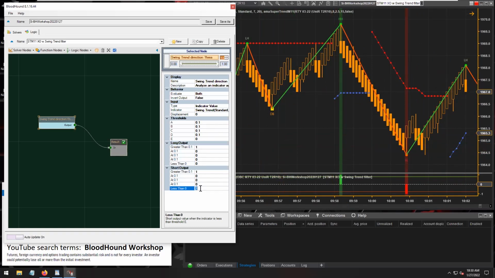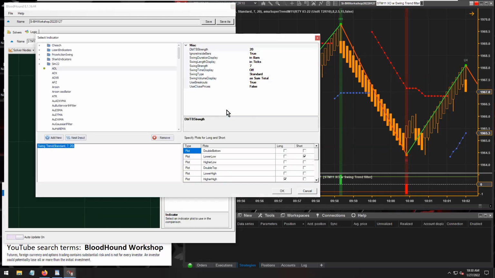Oh, okay. Sorry. I got that wrong. Okay, so I got the output wrong there. There we go. All right, like I said, it's been a while since I've used this. So when a lower low occurs, the indicator is outputting a 1 for this.